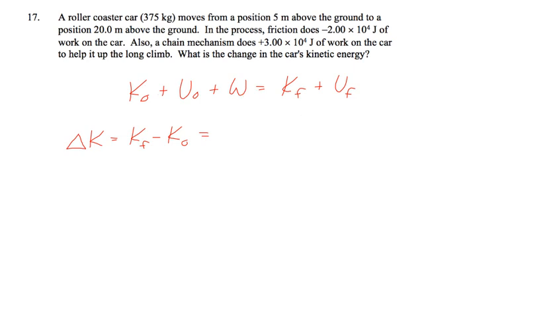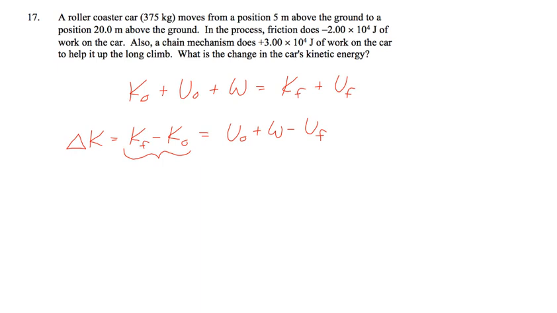So doing all that, I'm going to have UO plus W minus UF. So does everybody follow that? So this right here, the combined KF minus KO, that is my change in kinetic energy. So all I have to do is figure these 3 things out.